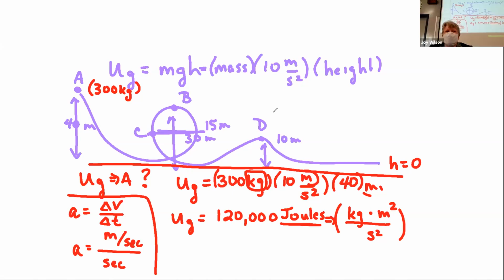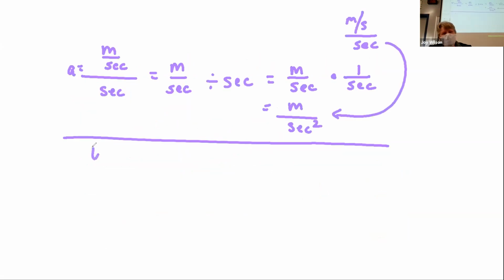How do we decide? Potential energy depends on how far you are off the ground. So who is further from the ground? B. Since B is further from the ground, it will have more potential energy. Then C, then D. So as you move through this roller coaster, you get more potential when you go up and you get less potential when you go down. Okay? So let's find the potential energy at C, where the height equals 15 meters.